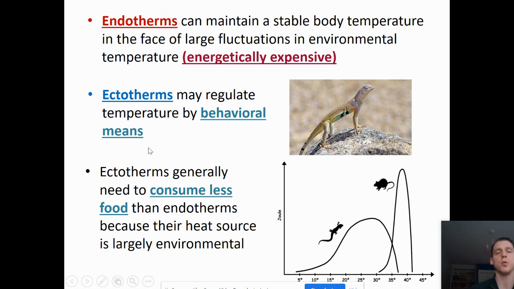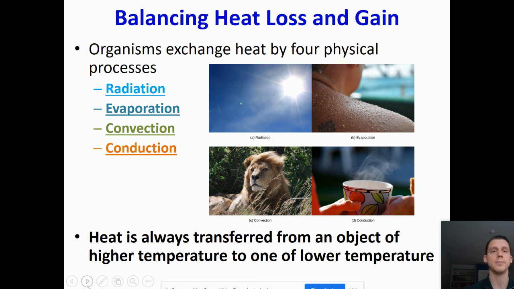Again, this is review. So this third point is new. Ectotherms generally need to consume less food than endotherms because their heat source is the environment. So we eat a lot of food to maintain our temperature, whereas something like a lizard or maybe a fish doesn't have to go through that because their temperature doesn't need to be maintained.